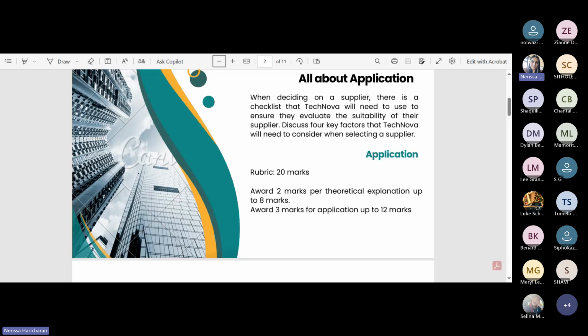Okay, so make sure of this. What I saw a lot in assignment 1 specifically was, when a question like this came up, some students were putting in a little bit of a definition of what quality is, and then just saying Technova should select a supplier that is of high quality, that can meet their standards, so they can build their revenue as well as their profitability, because customers would rather purchase from them than their competitors.